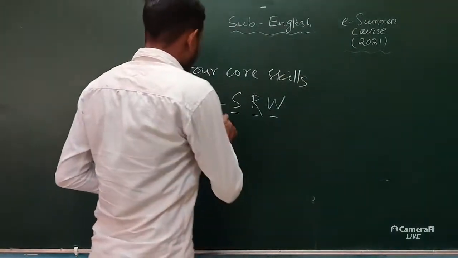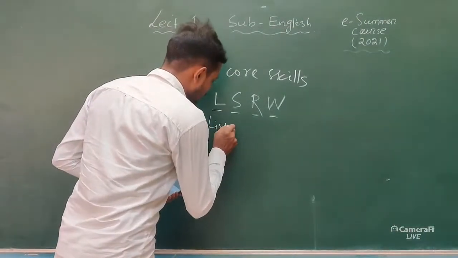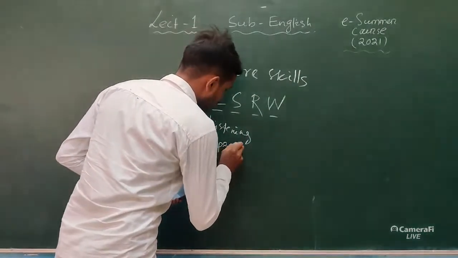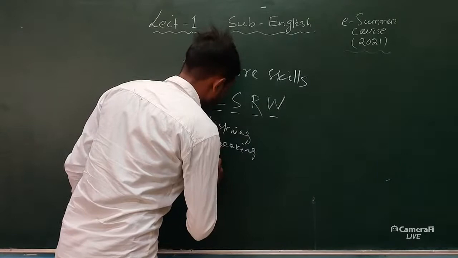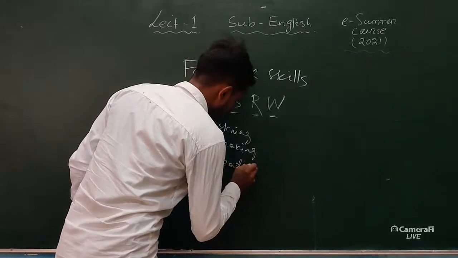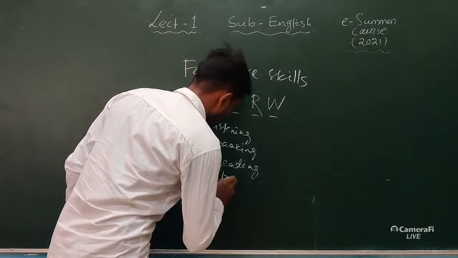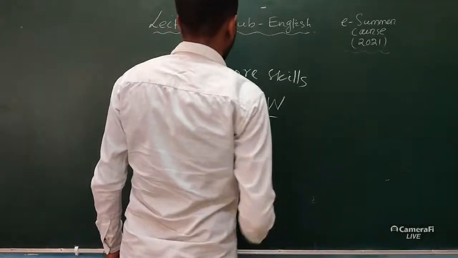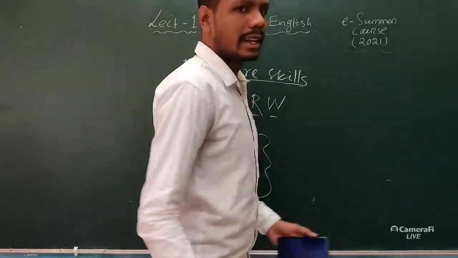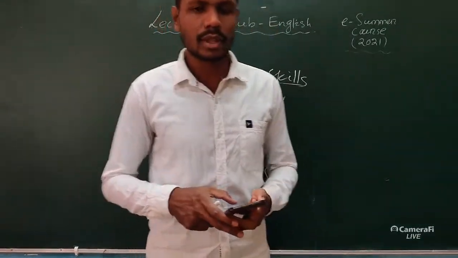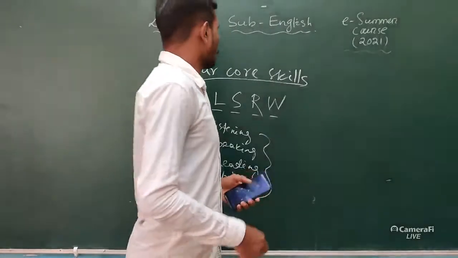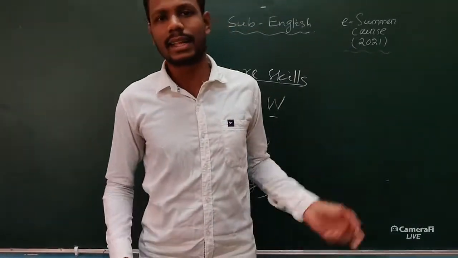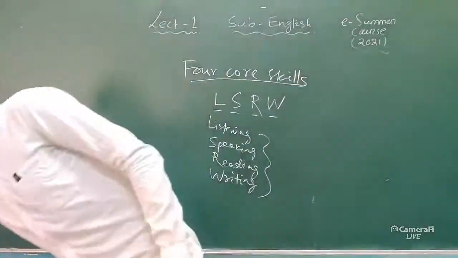So, L stands for listening, S stands for speaking, R stands for reading, and W stands for writing. Okay. So these are the 4 core skills of English. For further clarification, we have categorized them into 2 categories.